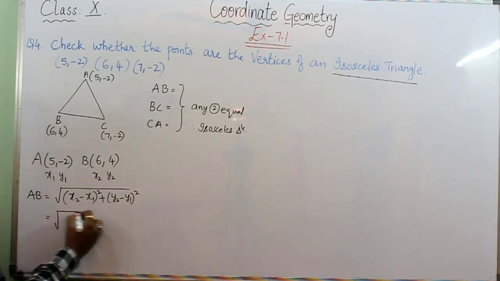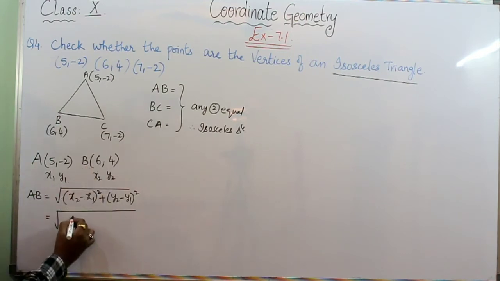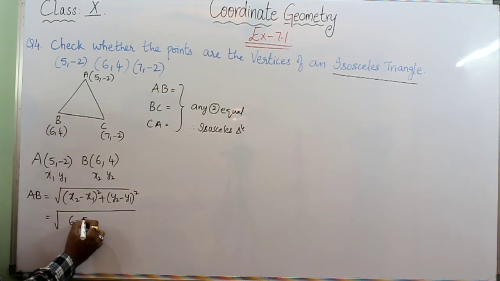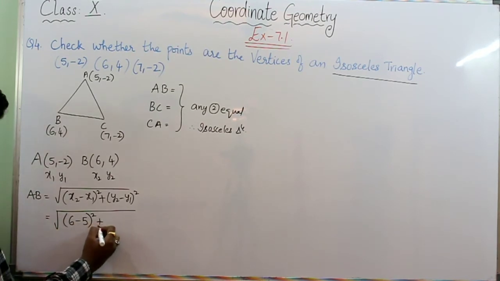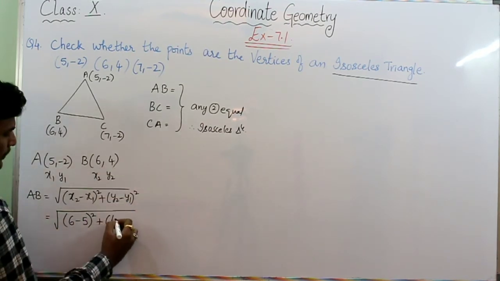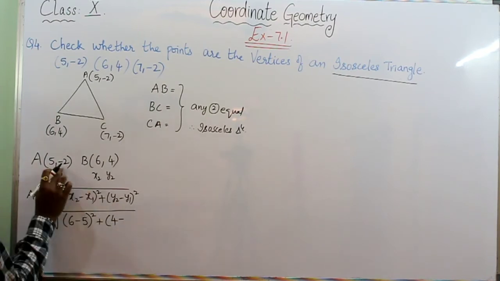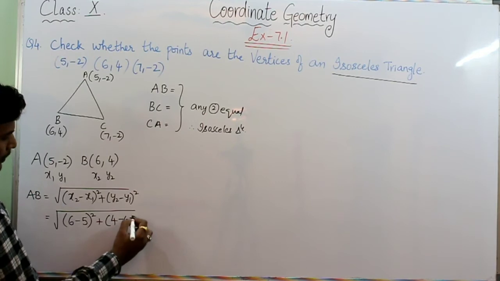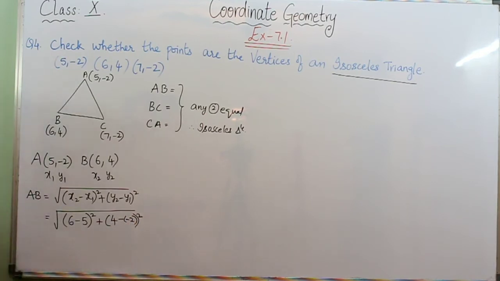So this is equal to x2, which is 6, minus x1, which is 5, whole square, plus y2, which is 4, minus y1, which is -2.